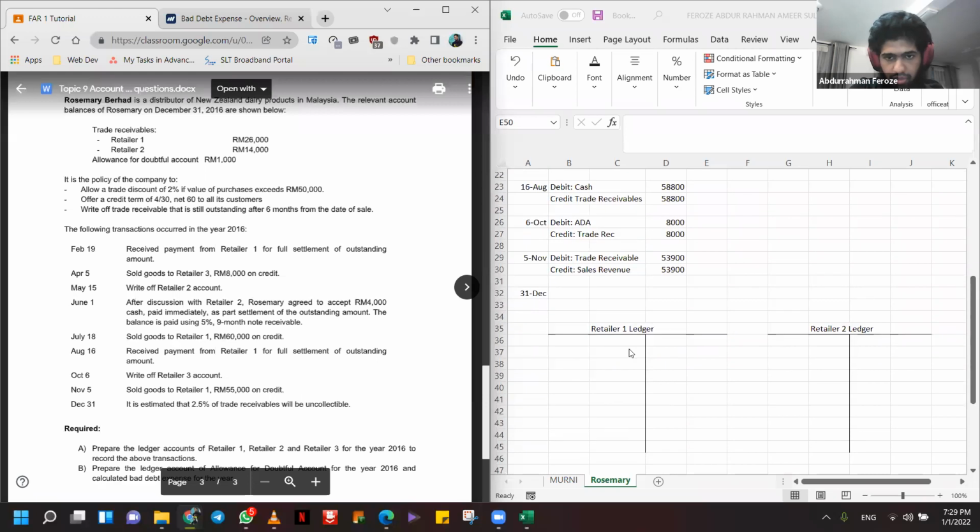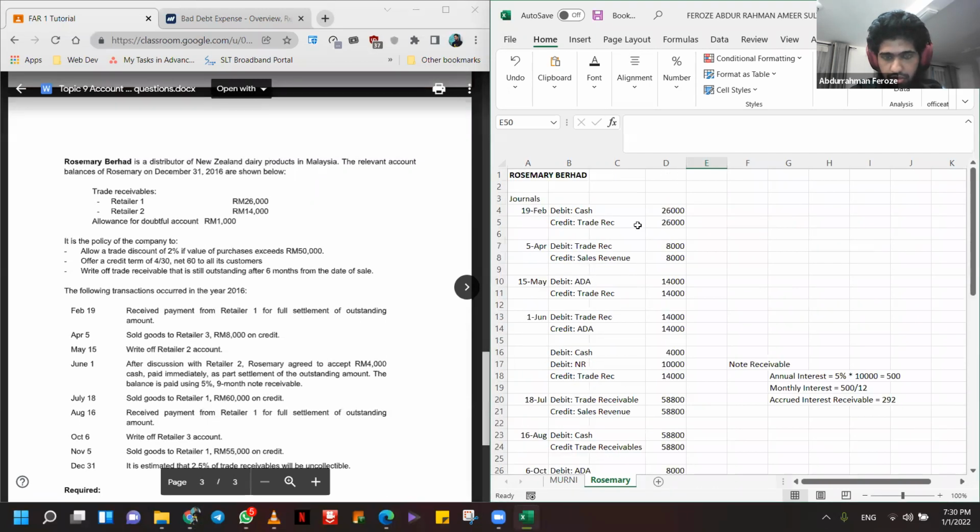Okay, so then we have the retailer 1 ledger. So the first one.